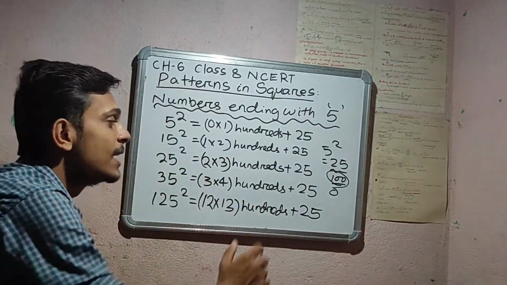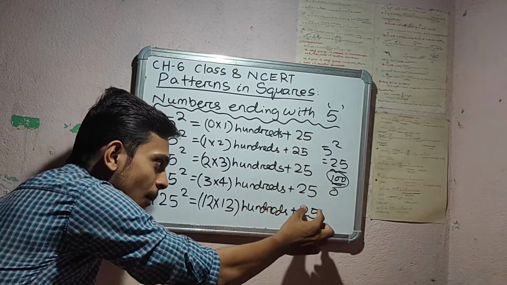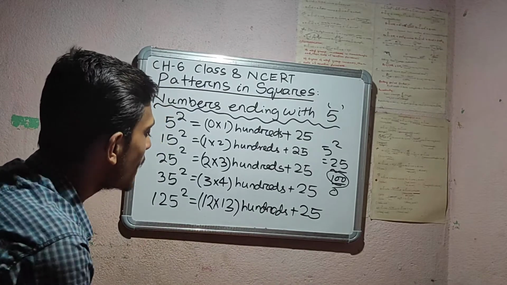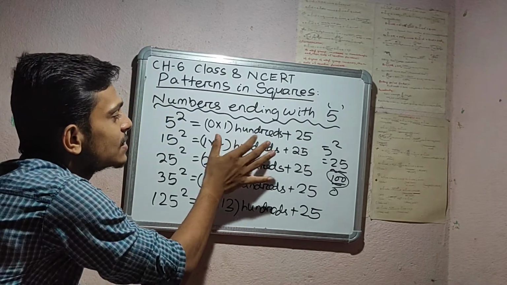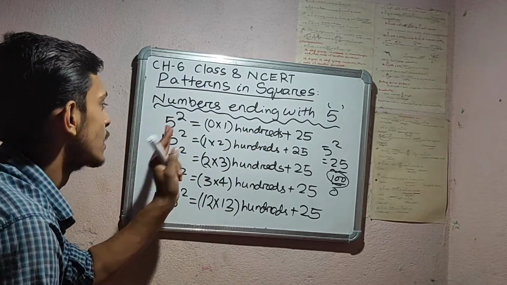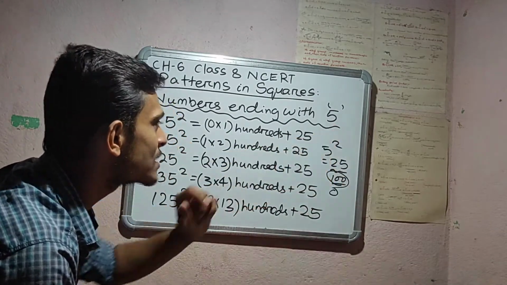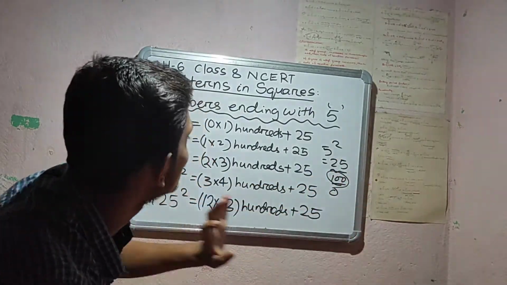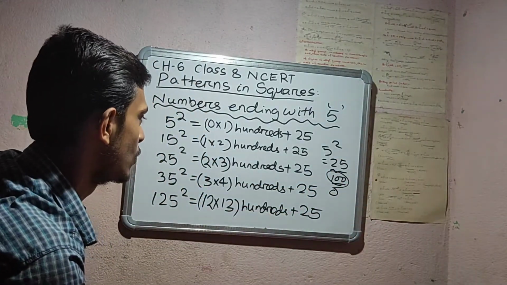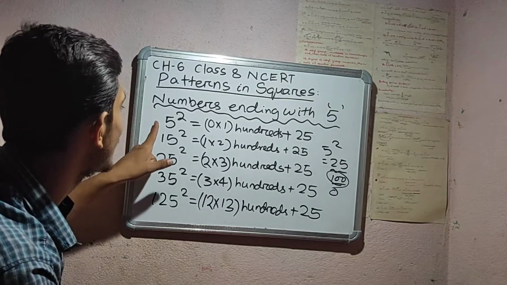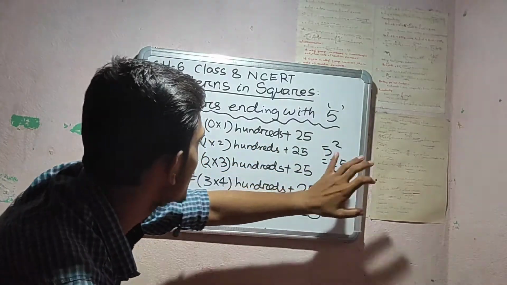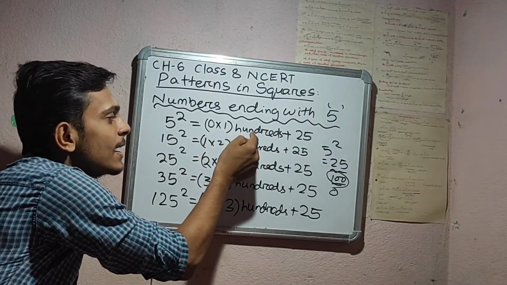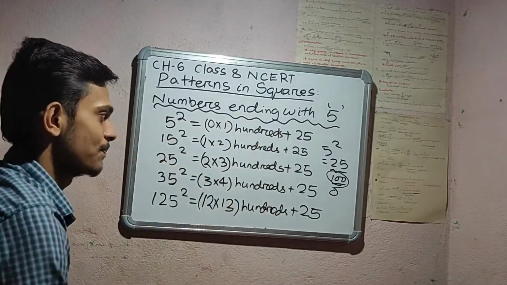It is very important: in all the numbers ending with 5, you have to add 25 after finding this. So this is the number of hundreds in the given number. In 5, how many hundreds are there? There is no 100, so this is a 1 digit number and the square is 25. So it can be written as 0 multiplied with 1 into hundreds plus 25.